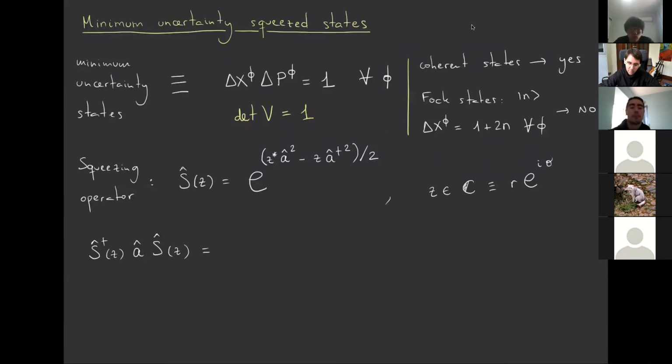It's in the notes, so you can check it, but using the Baker-Campbell-Hausdorff formula that we have used already a few times, you can check that this is easily rewritten as a times the hyperbolic cosine of r minus some phase, and then a dagger, the hyperbolic sine.